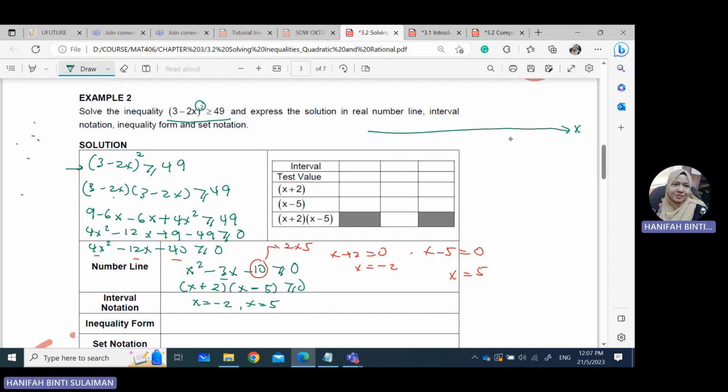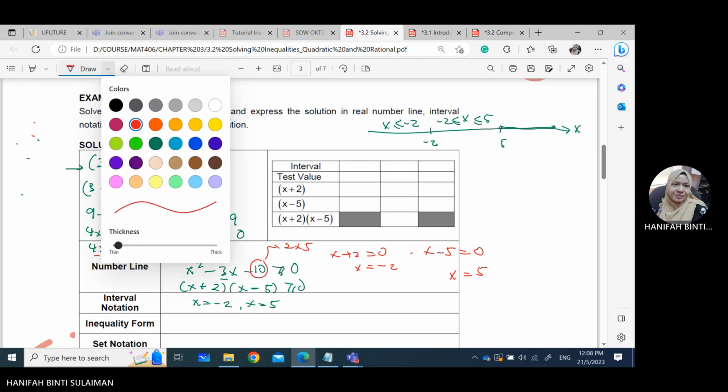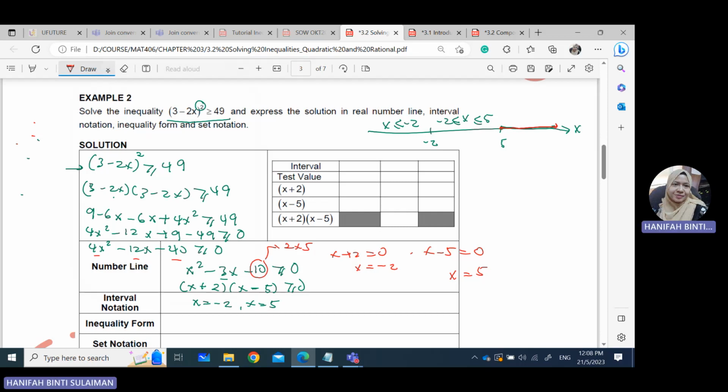Number line, values of x. So x antara negative 2, 5. So here we have about 3 intervals. There are x for this area: x is less than or equal to negative 2. So in the middle here, x is greater than negative 2 and less than 5, less than or equal. And for this area, yang ini, daripada sini ke sana, this one is about x greater than or equal to 5.